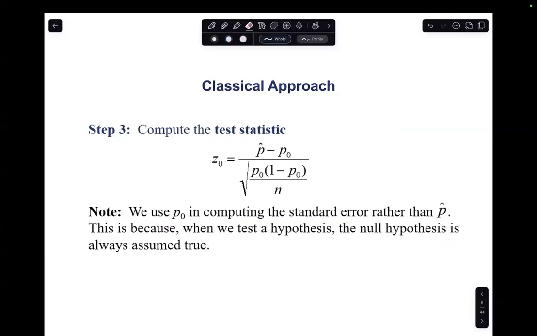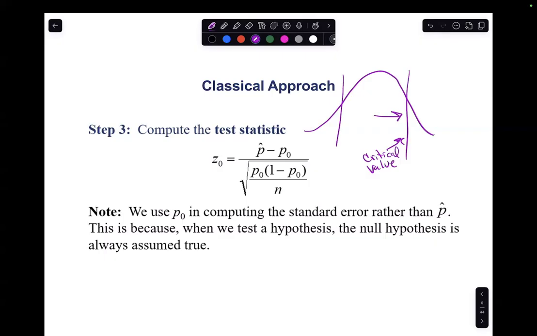So this is what I showed you before when we create a confidence interval. We create a confidence interval, and the number of standard deviations away from the mean, that's the edges of my confidence interval. That number of standard deviations, that would be your critical value.